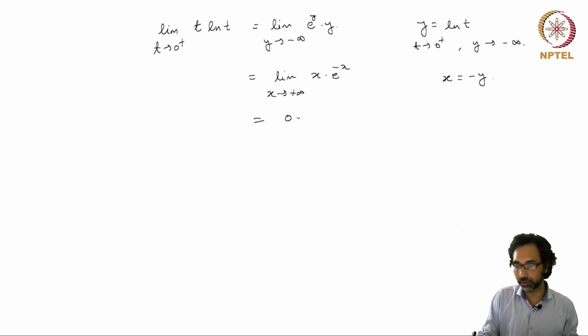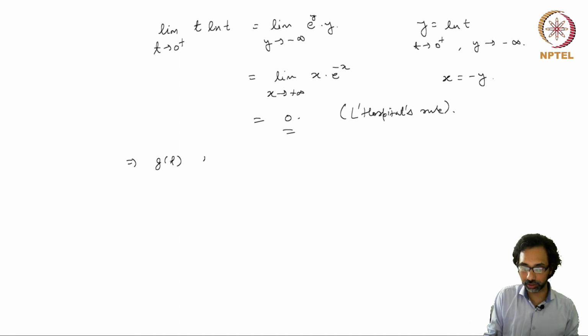We know very well that this is 0. One can evaluate it, for example, using L'Hopital's rule. So we see that this is 0, and so g(t) is piecewise continuous on 0 to infinity.